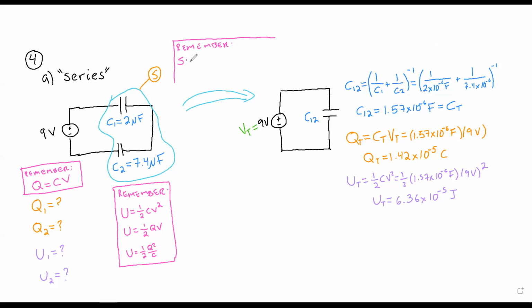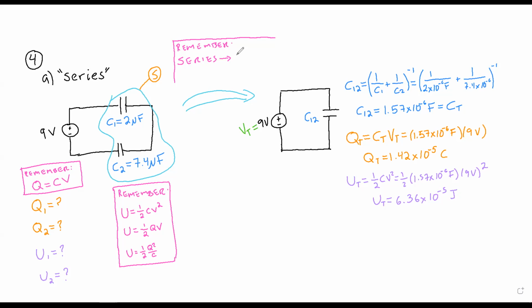In series, what is the same and what is different? There was a slide actually in the PowerPoint, series and parallel. Some things are the same in series and some things are different. What is common? The charge is the same.